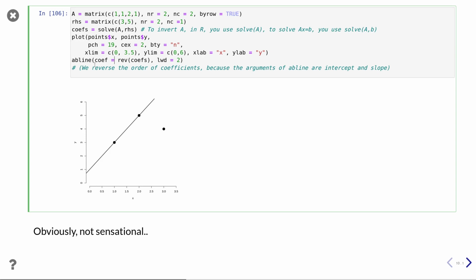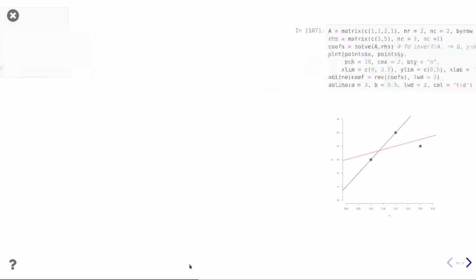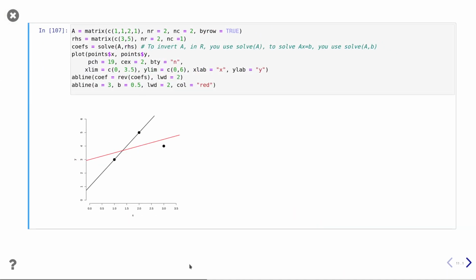So I'm plotting this line. I've got my third point that I've added. Clearly, this is not looking very good. Okay, so oops, sorry. Let me try another solution here. I still have my matrix.